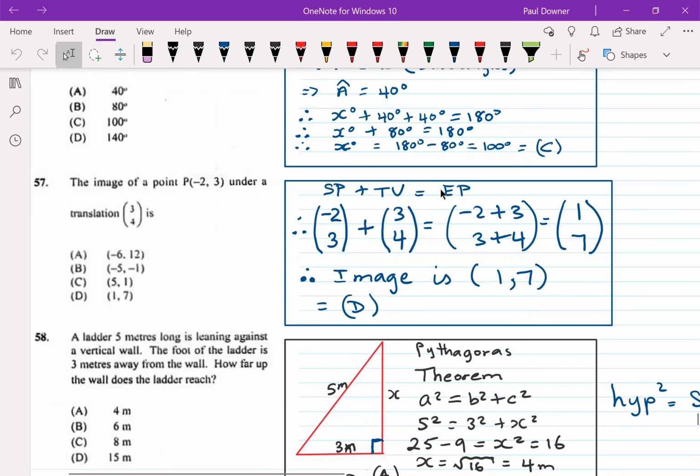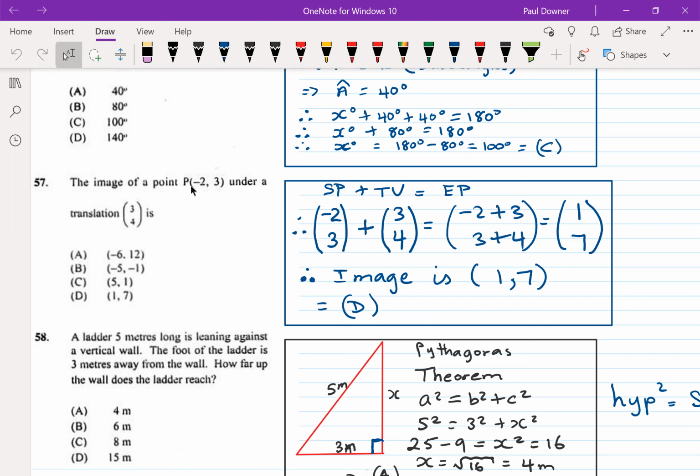All right. So the image of a point P. Let us talk about P. Is P the object or the image?